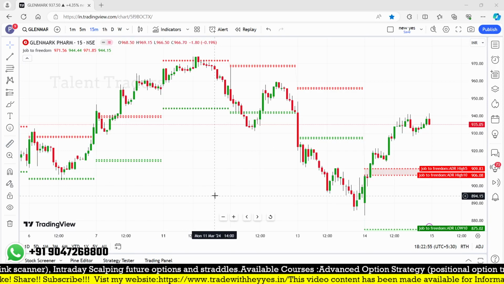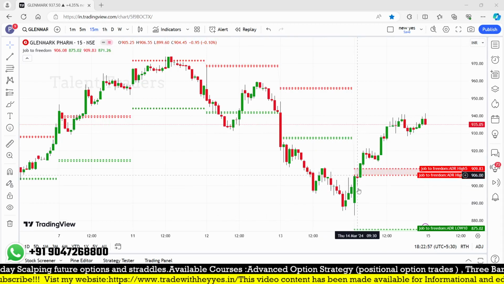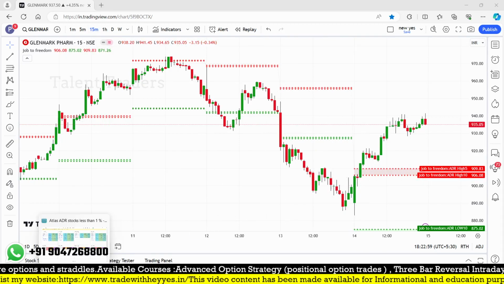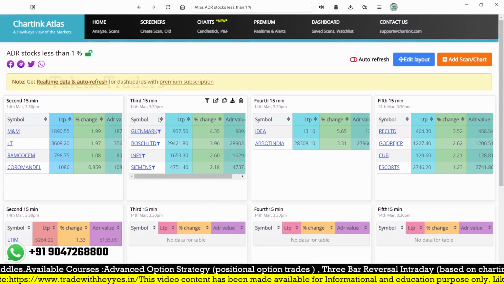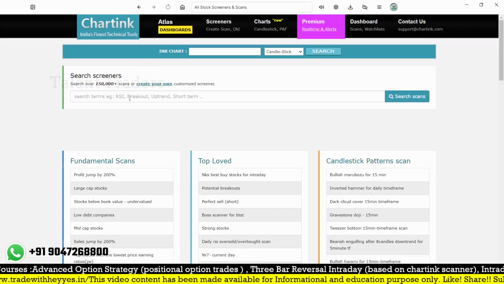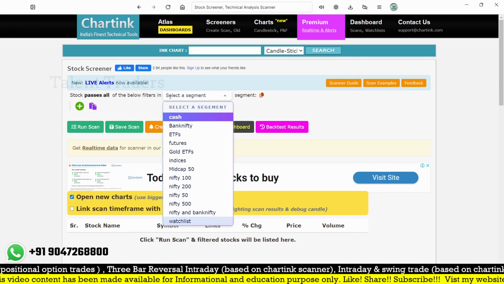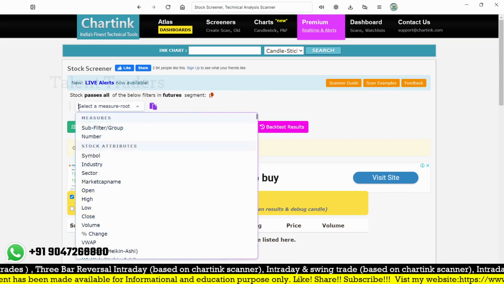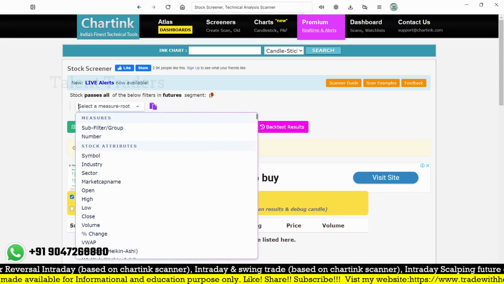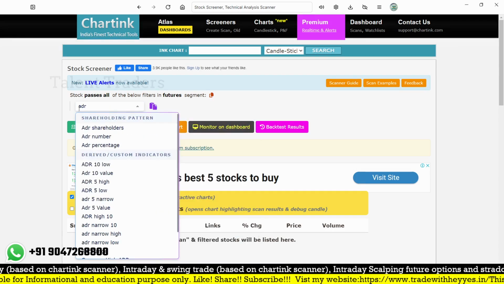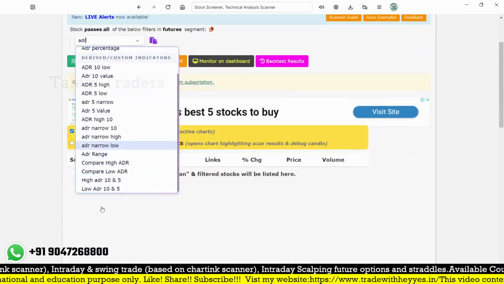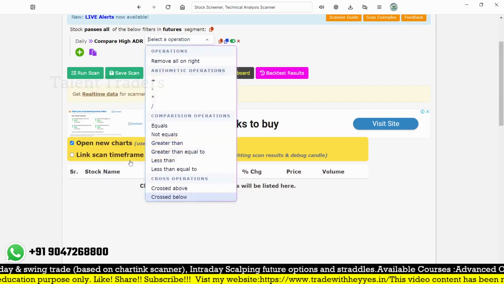So if we come to this particular indicator, you simply create a scanner, and I already created a custom indicator, so it is very easy to find. You can see this much of a scanner I just took from that.